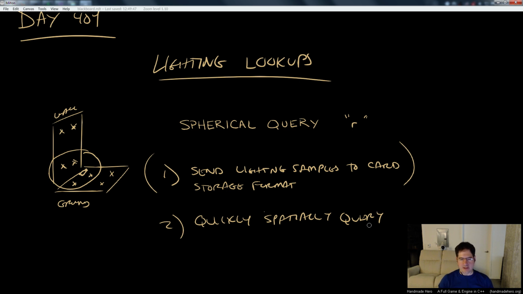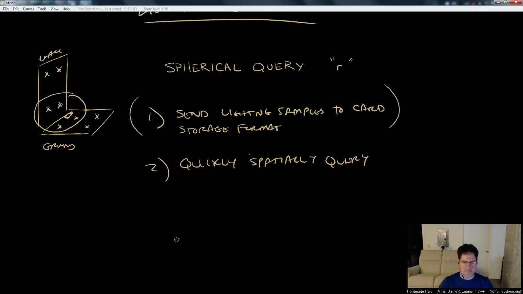So we need two things. We need a storage format that will store these lighting samples in something that the graphics card can access. And the second thing we need is a way to quickly spatially query what lighting samples are near to a particular 3D point in space, right? Those are the two things we need.